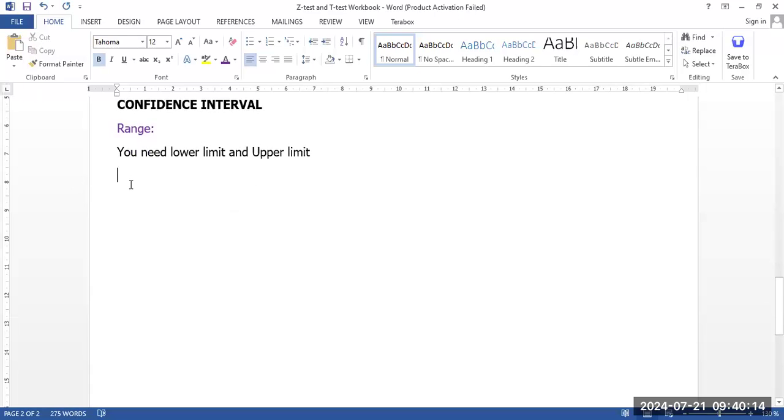And there is a formula that we will be using. As you get your range, you are either using t-test or z-test. When do you use t-test, and when do you use z-test?